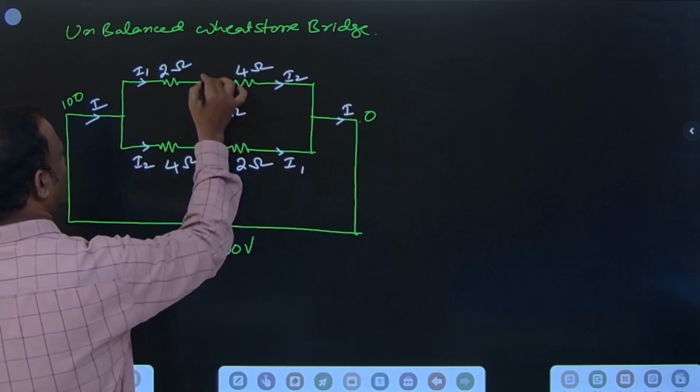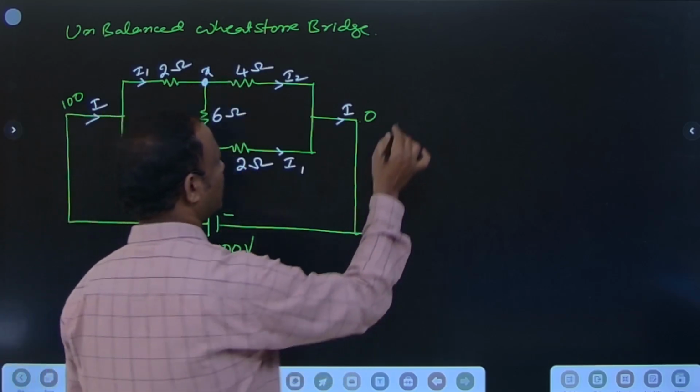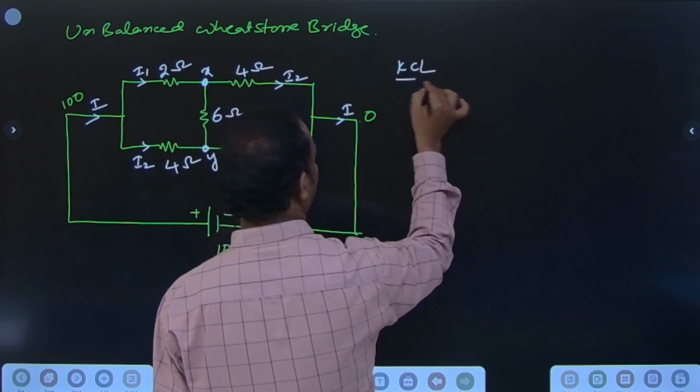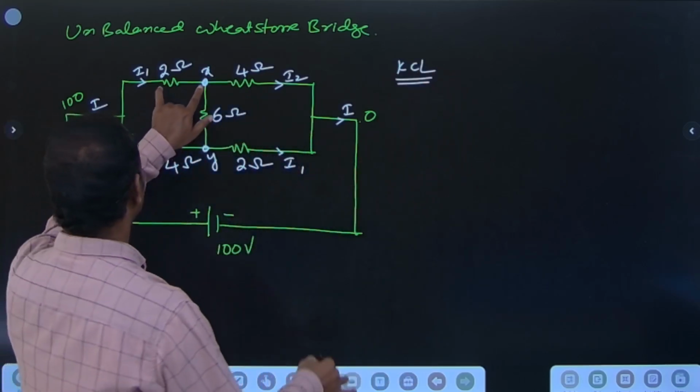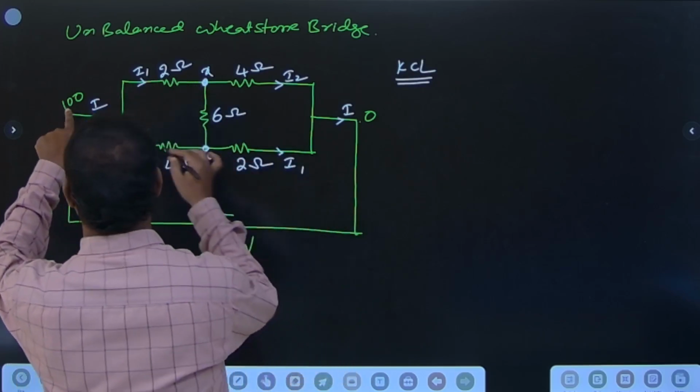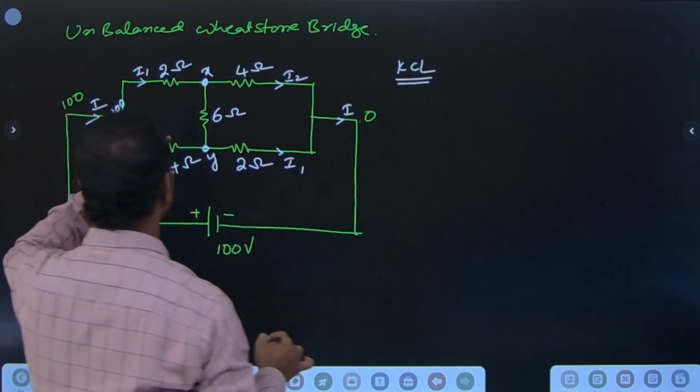To find I1 and I2, take the nodes as X and Y and use KCL, same as earlier.